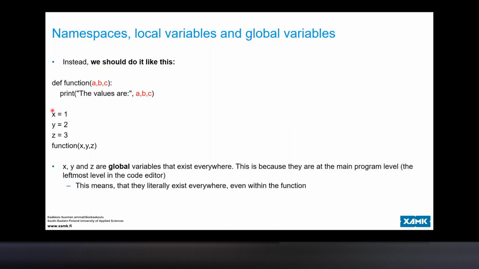So that's why they are called global. What global means is that these variables literally exist everywhere, also inside this function. And that's how you could use them within this function.